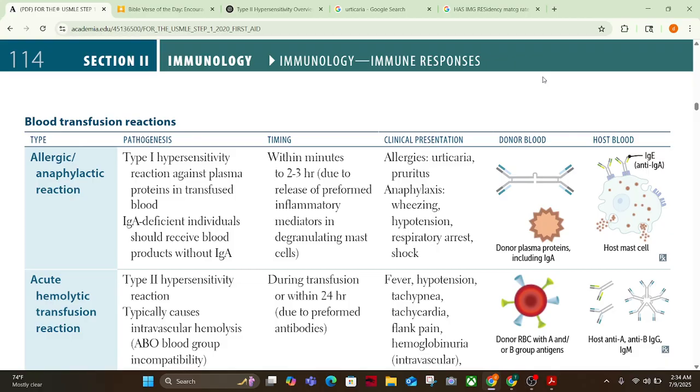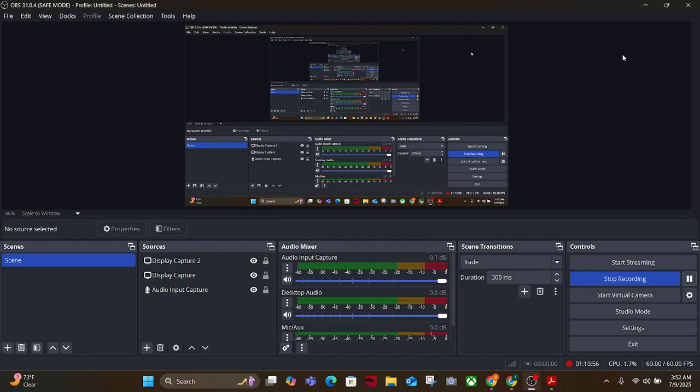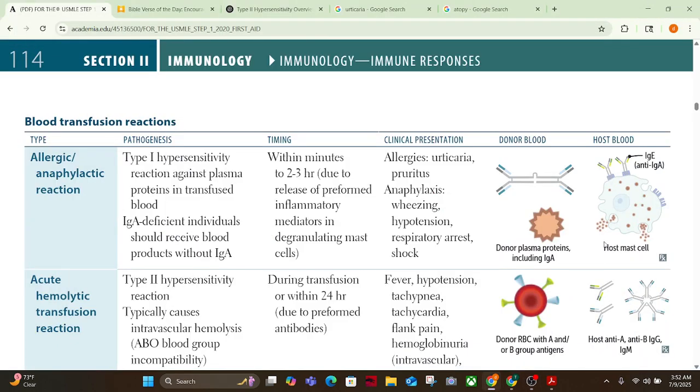But remember, the IgE count is normal, and the anti-IgA antibody count is very high. So you see the mast cell here, you see IgE here, and then in parentheses anti-IgA. Remember anti-IgA antibodies. And this is a type 1 hypersensitivity because it happens very, very fast.